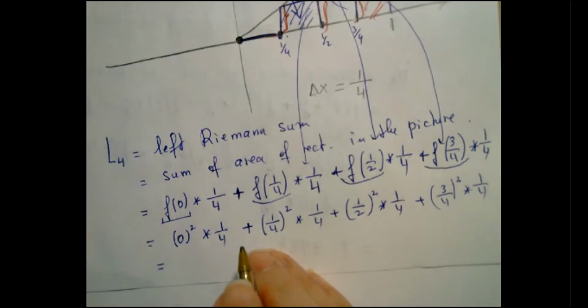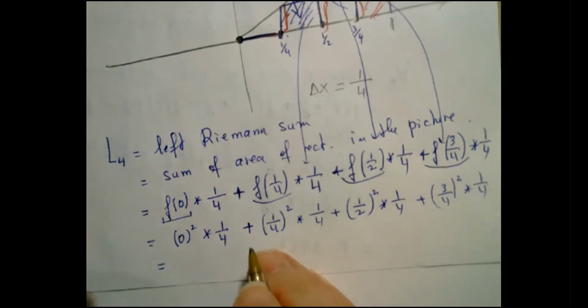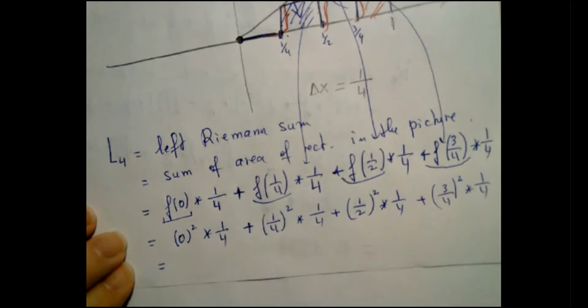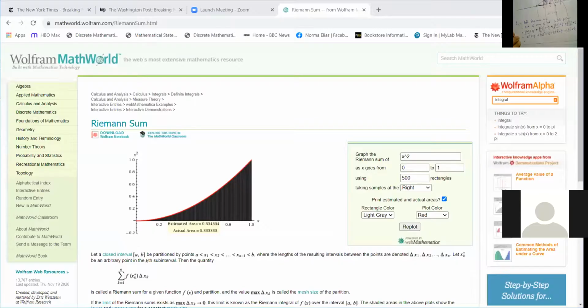And I forgot to pick up the value here. It will take me 1 minute. So I'm going to share the screen because I forgot to find the exact value. Now I'm using the left, I'm replotting. That's the picture I'm trying to grasp. So the value at the left end point times the width.